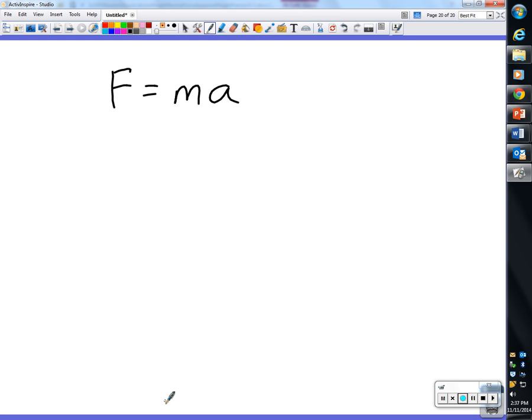Yes? Yeah. We talked a lot about the acceleration caused by gravity back in chapter 3 and then in chapter 4 when we were doing projectile motion. What do we know about the acceleration caused by gravity? Right. It's always negative. Well, how about this? It always points which way? Down.